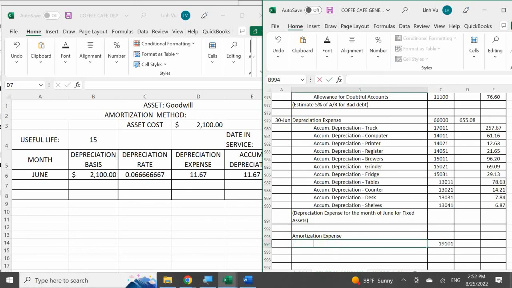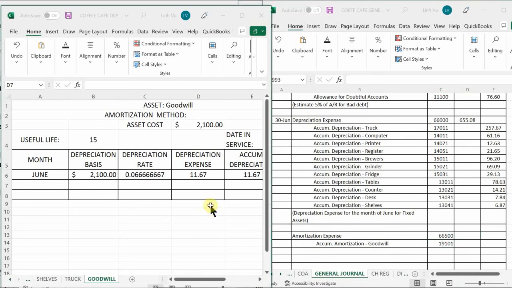Shoot, where'd the other one go? Well, put that in the accumulated one while I look up the other one. It is 66,500. Okay. For how much? How much was the amortization?